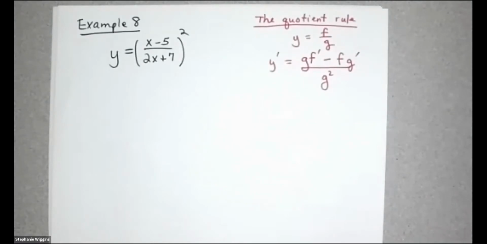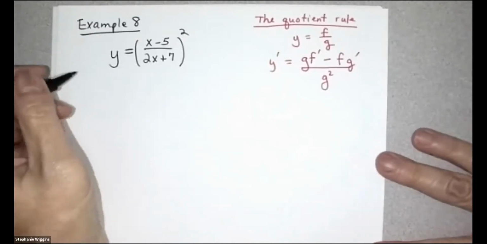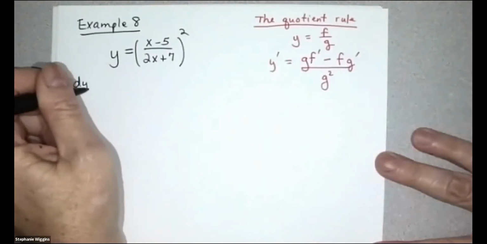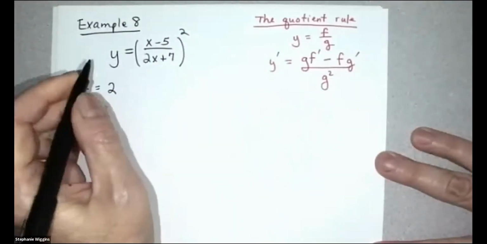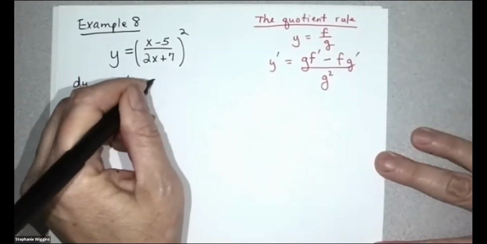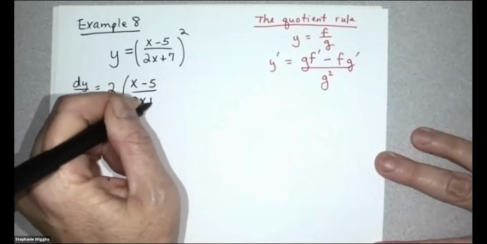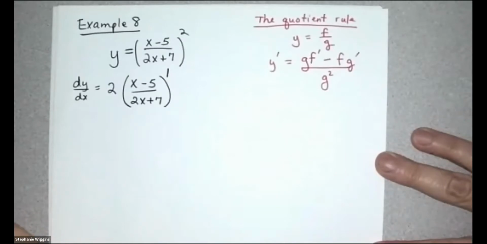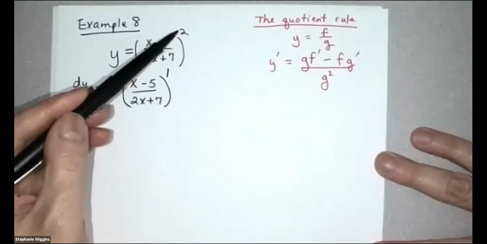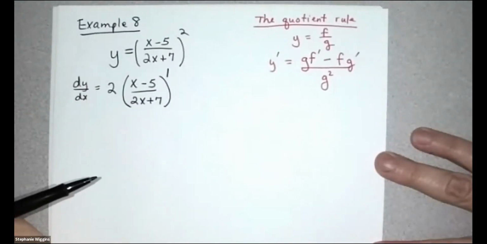So taking the derivative here, this 2 is going to come out front, and then I have x minus 5 divided by 2x plus 7 to the power of 1, right? Because I subtract 1 from my power when I'm taking the derivative.